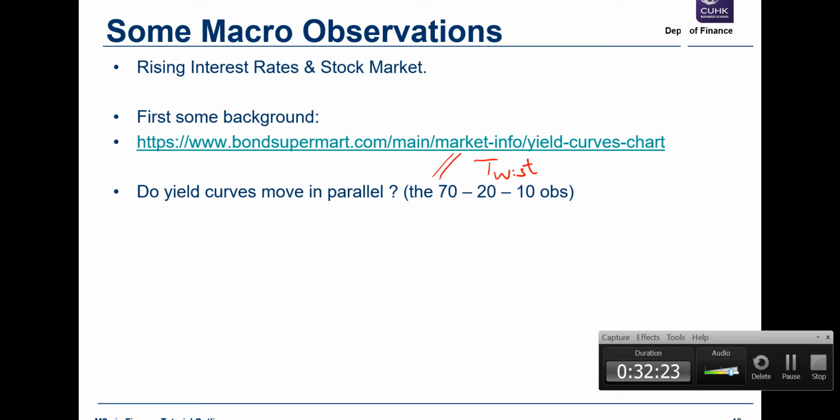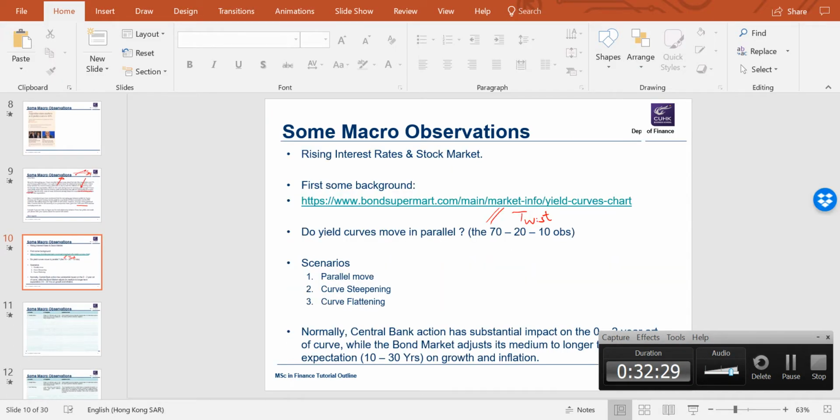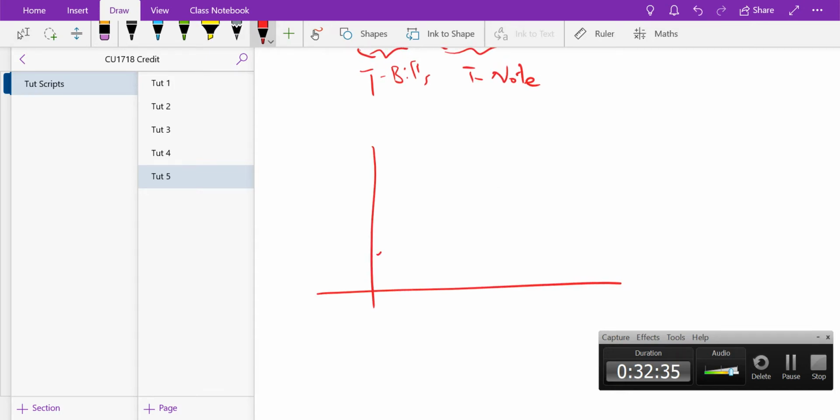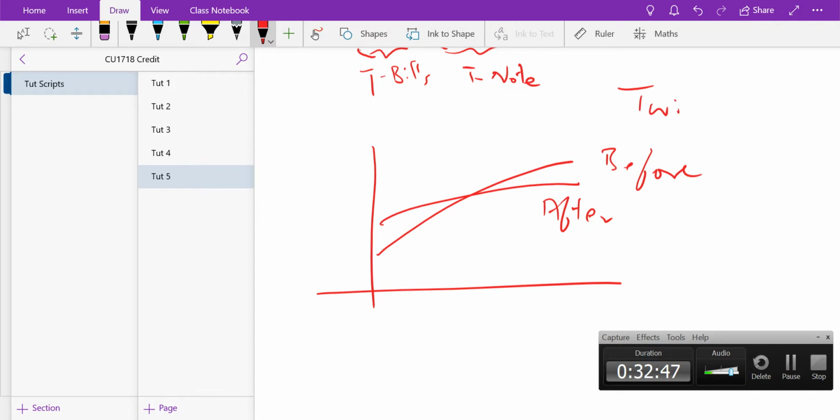Twist is just a fancy word for steepening or flattening. Actually, let me do it here. If the curve looked like that before, and then it looked like this after, that would be a flattening, but it's sometimes called a twist.